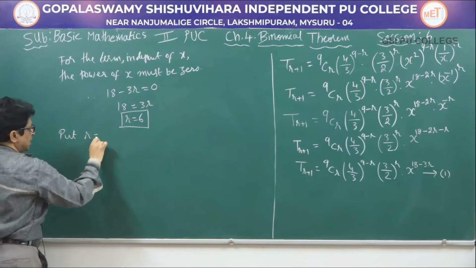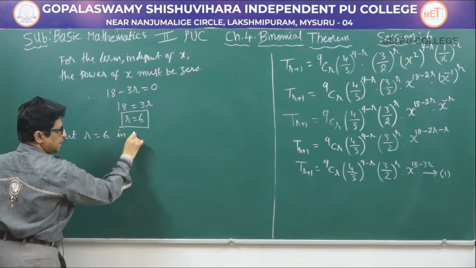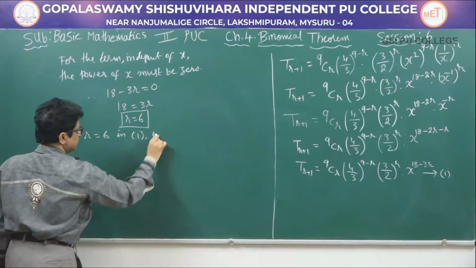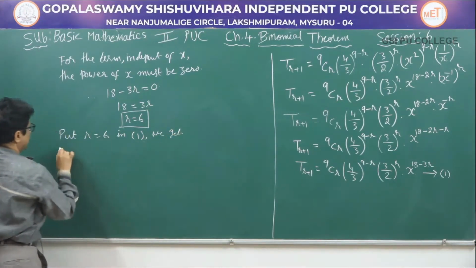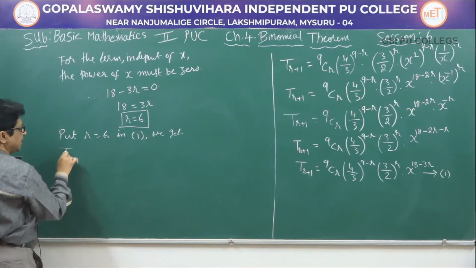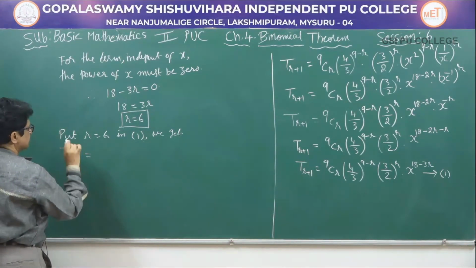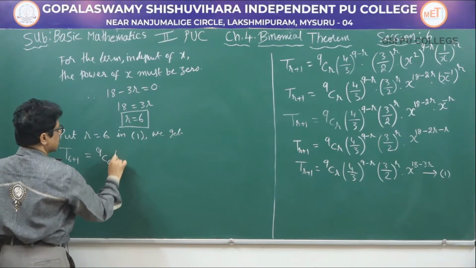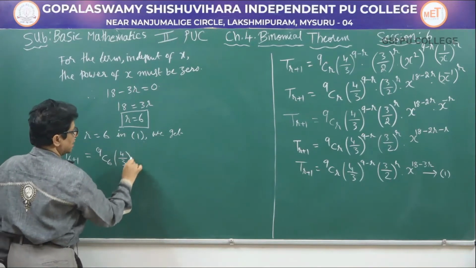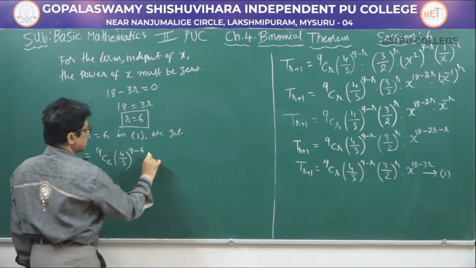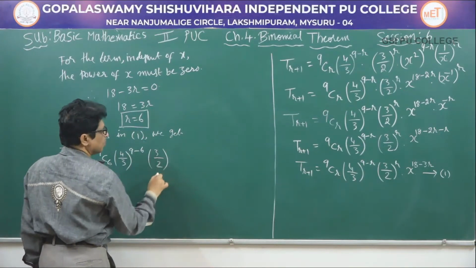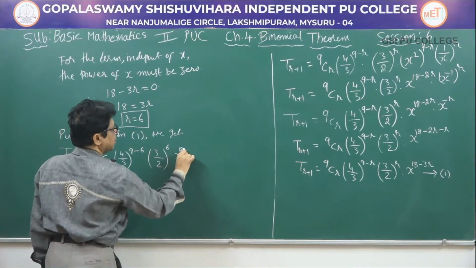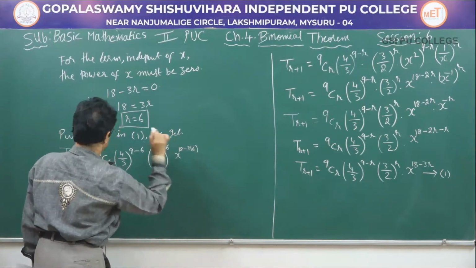So put r equal to 6 in equation 1. We get T(6+1) is equal to 9C6 into (4/3)^(9−6) into (3/2)^6 into x^(18−3×6).